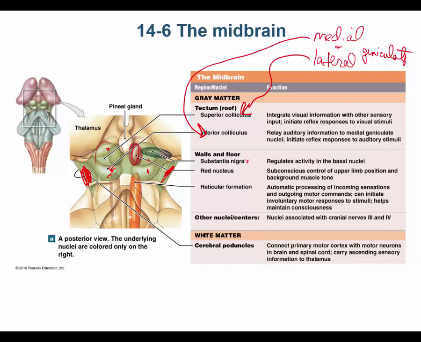Substantia nigra. The substantia nigra is black because of melanin, not melatonin, I'm sorry. Melanin. Melanin is a byproduct of dopamine. Let me erase that and spell that correctly for you. Melanin, the pigment melanin, is a byproduct of dopamine biosynthesis.